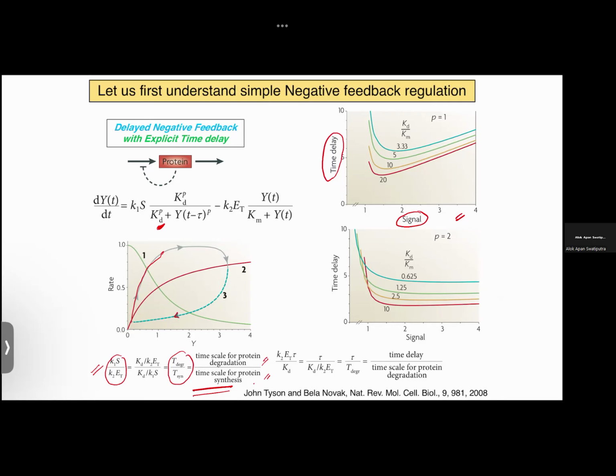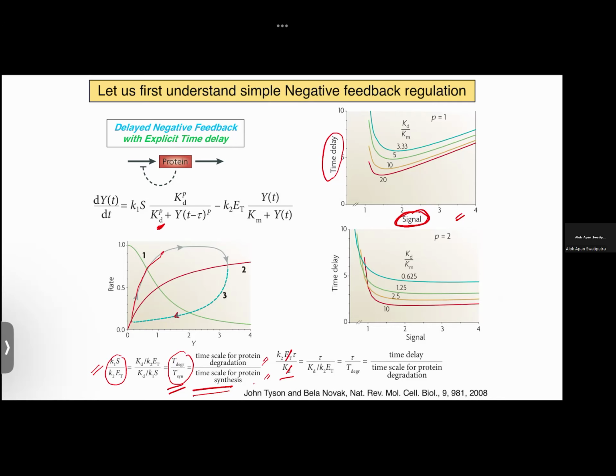But inherently we started with S, so it's still a measure of S. So this is a non-dimensional signal strength. Use a similar thing: if you write K2 ET tau by Kd, ET and Kd are both concentration units, K2 is a rate constant, tau is time. So it's still non-dimensional, right?